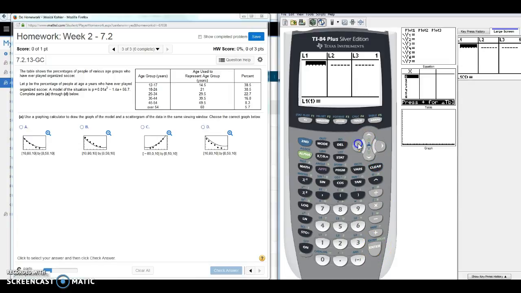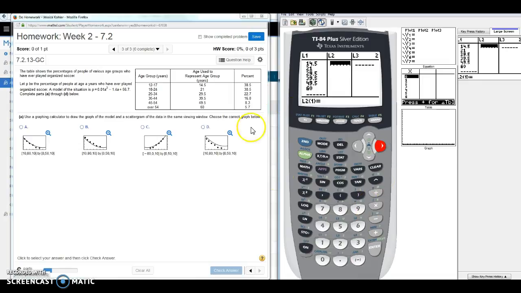cleared out those. So in L1, I'm going to put my X values, 14.5, 21, 29.5, 39.5, 49.5, and 60.